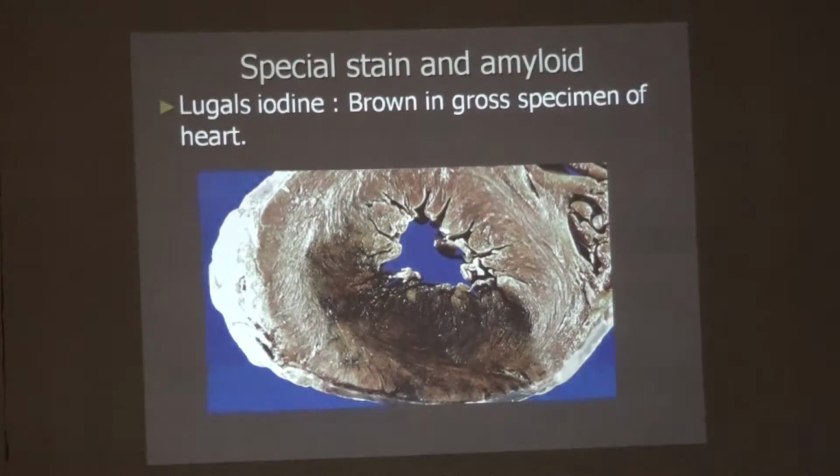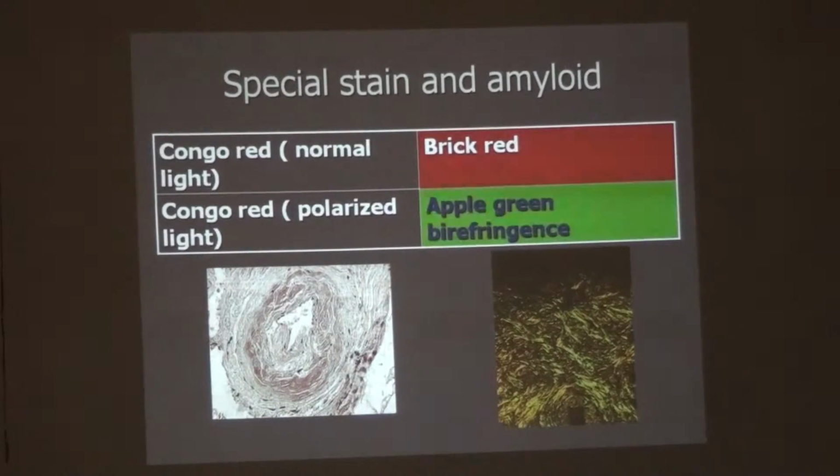So this is a special stain, Congo red, on the amyloid specimen. With the Congo red, in the polarized microscope you will see this apple green birefringence. This is the most diagnostic for amyloidosis. Normally it remains red, but in case of amyloidosis, you will get the green color.